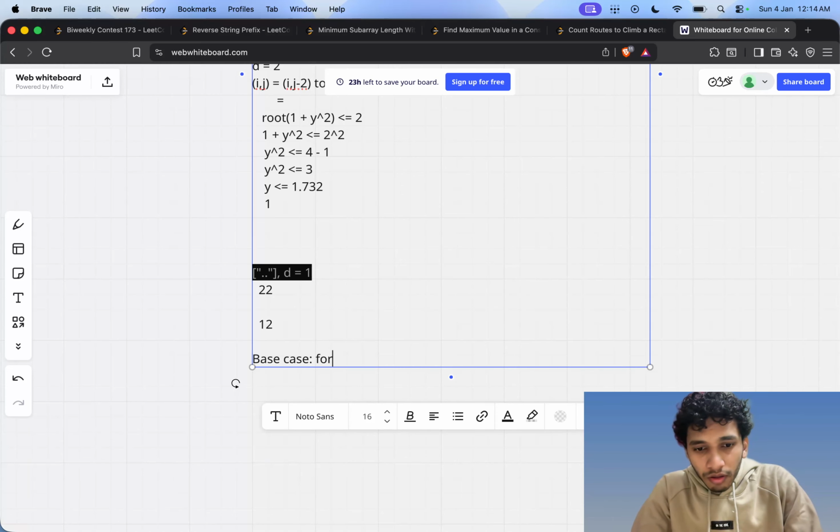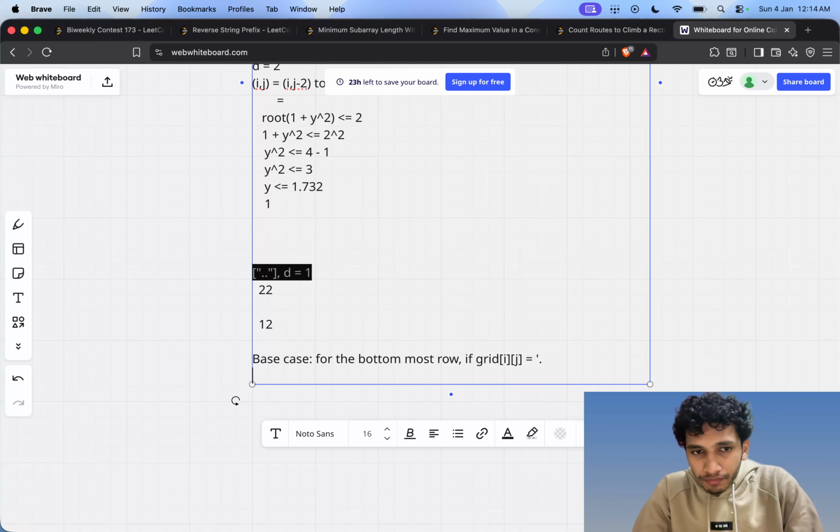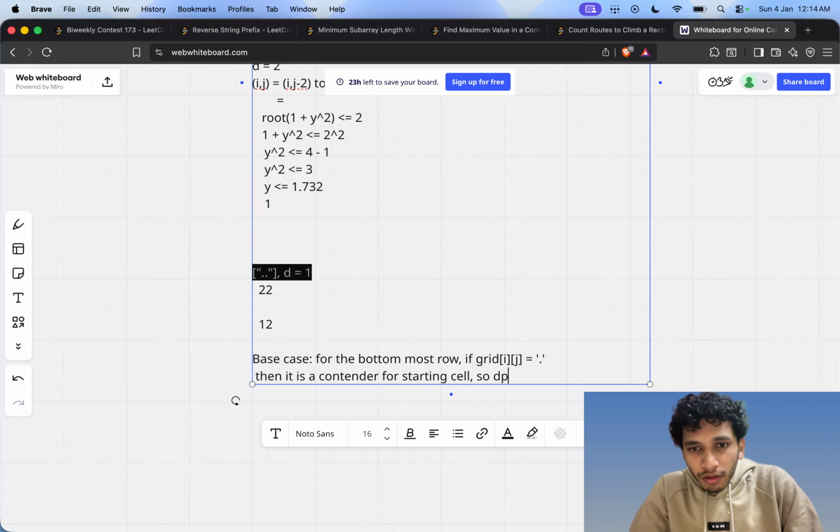So what did we discover about the base case with this? For the bottommost row, if grid ij equals dot, then it is a contender for a starting cell. So dp at ij for this cell is equal to 1.